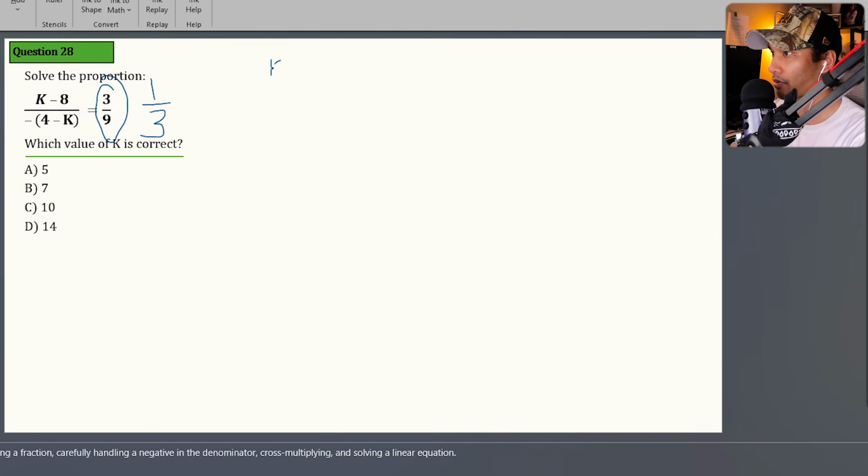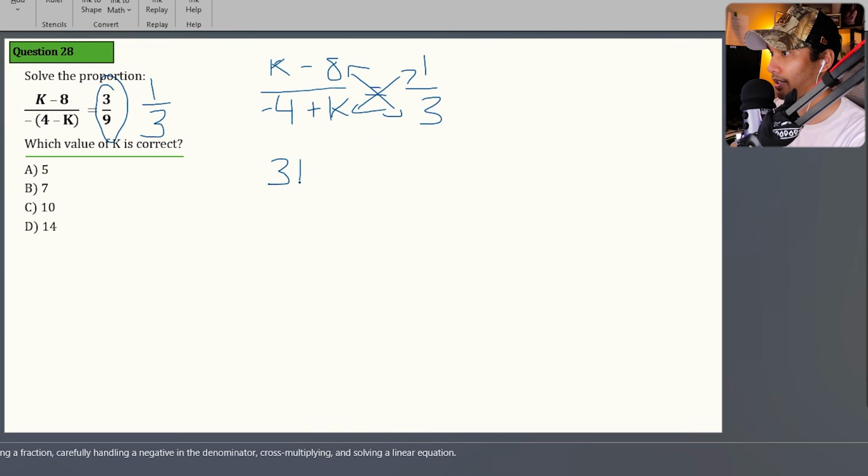So I would just rewrite this for you guys. And then we would distribute, I'm going to distribute this negative from the get-go. So we have negative 4 plus k, and then equals 1 over 3. And then we just cross multiply. That's all we're doing. And we're all familiar with that, right?